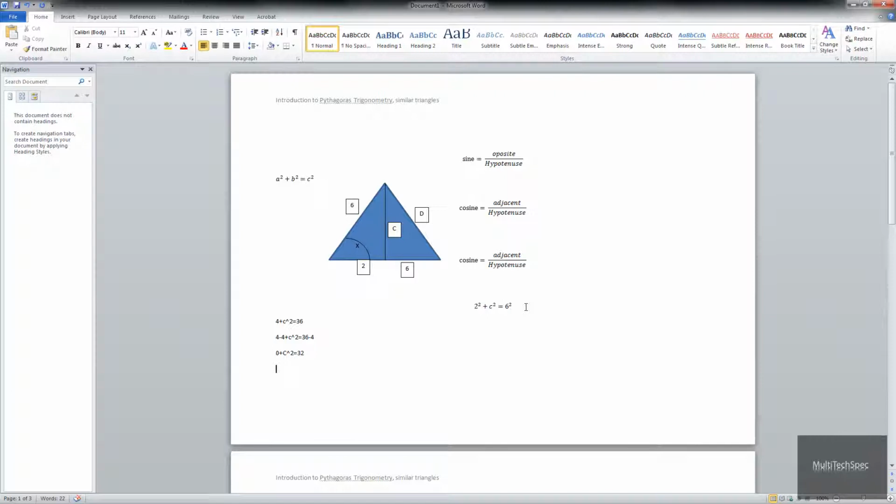Now, at this stage, in order to cancel the square, we have to apply a root on both sides. So what is the value of the root? The value of a root is a half. It's anything to the power of half.